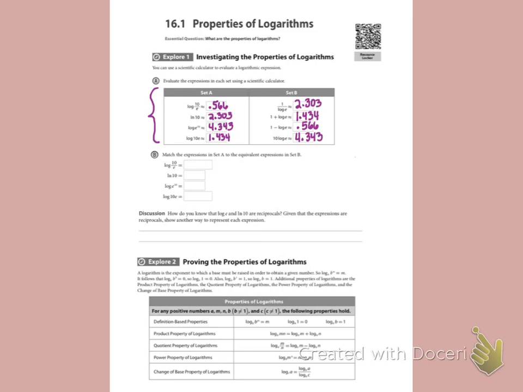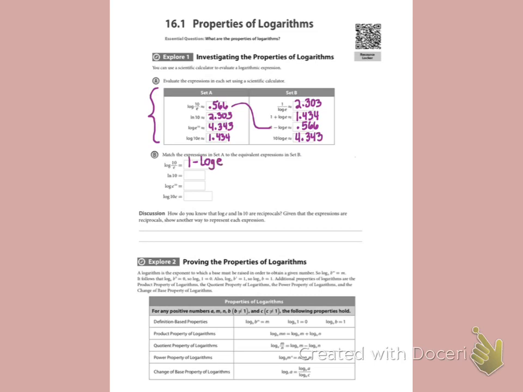Okay, so clearly that little exploration revealed some patterns, or at least some connection between the two sets. And I can see that the log of 10 over e in set A matches up with 1 minus the log of e in the second set.